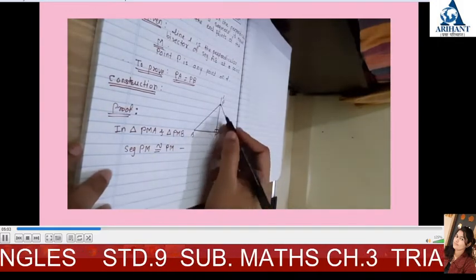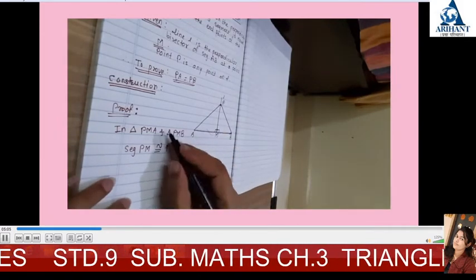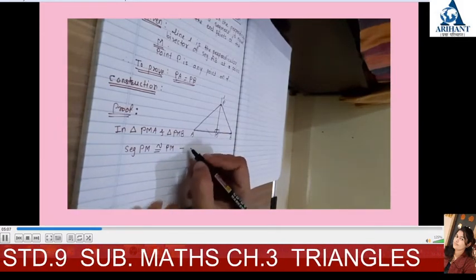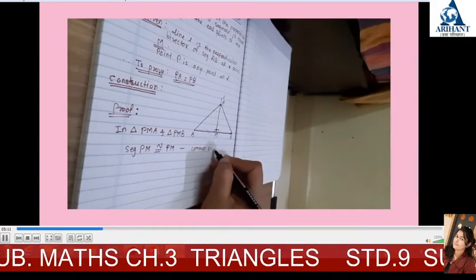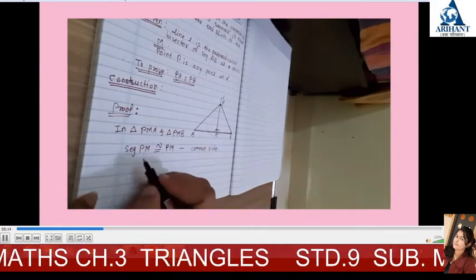This is the common side of the two triangles. So this is the common side.